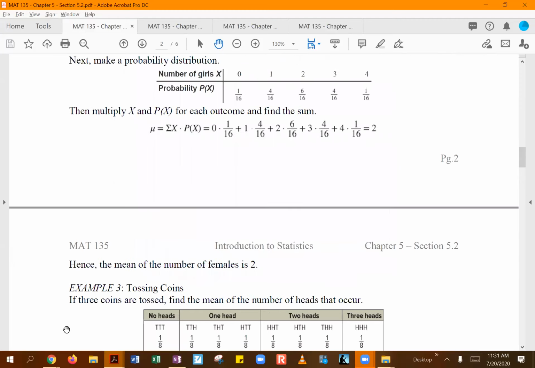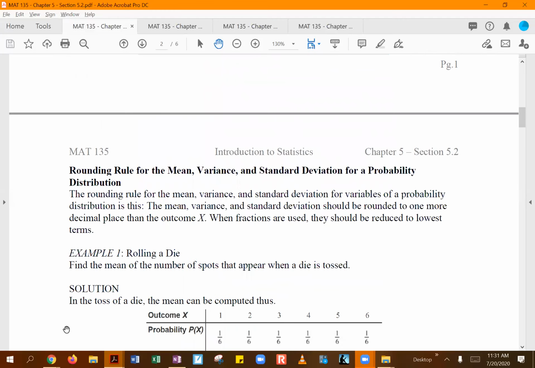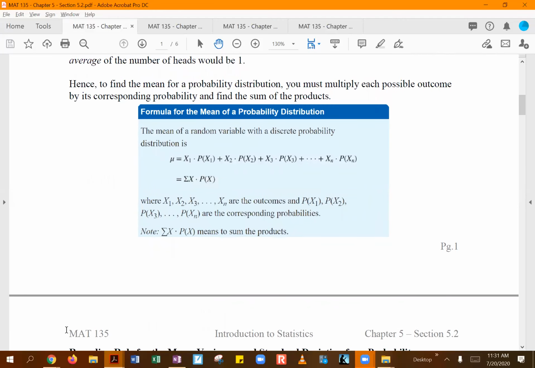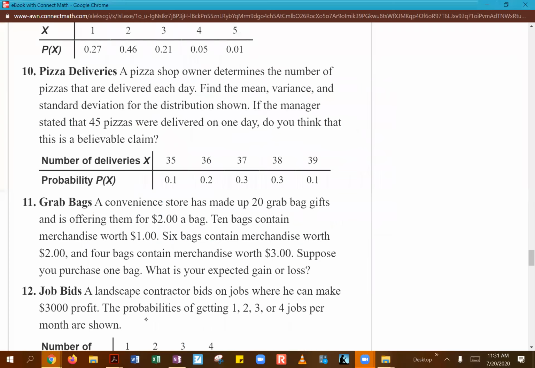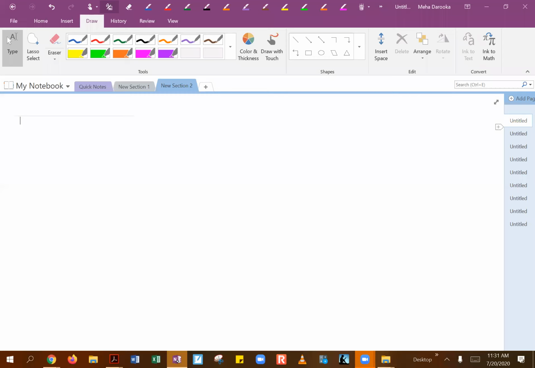So let's start by finding the mean for this data set. So here's your formula for the mean. Let's go back to example 10 over here.